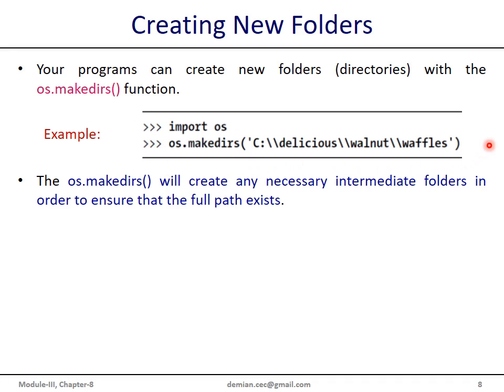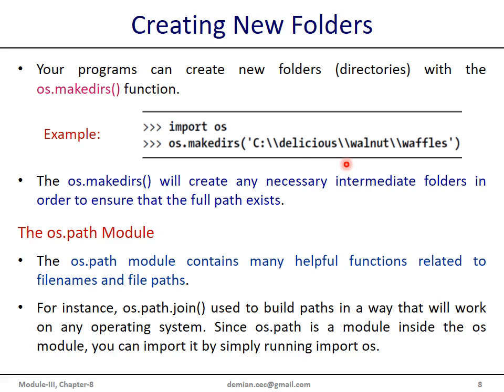In this example, we are creating a new folder under the subfolder, under the parent folder walnut, under its parent delicious, at root folder C. Note that if the intermediate folders are not available under the root node or at the parent folders, then all these necessary intermediate folders are created to ensure the full path exists.